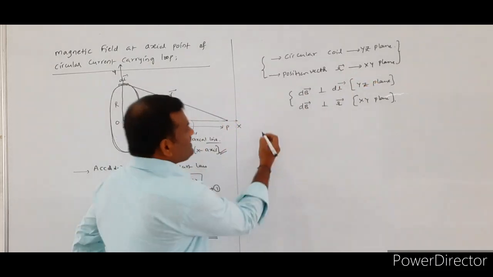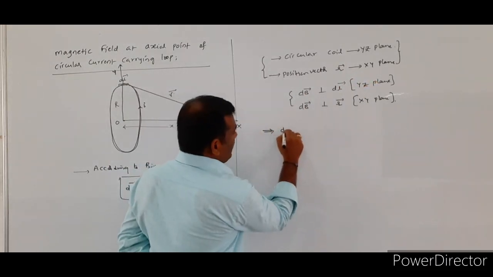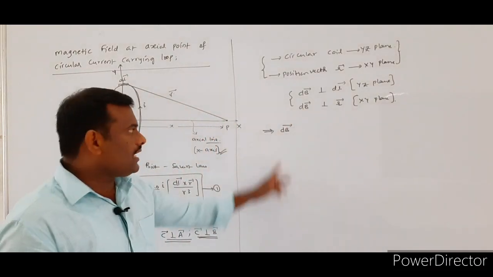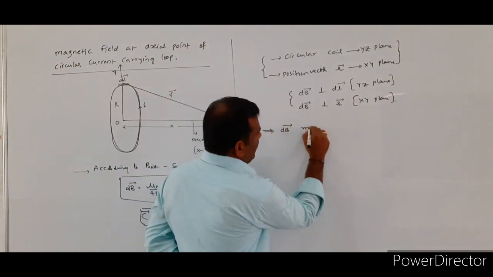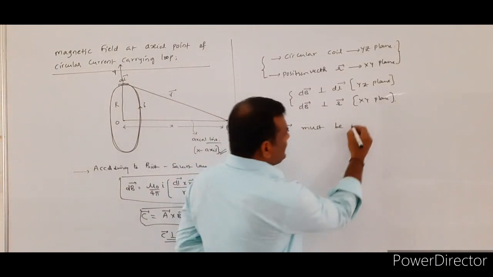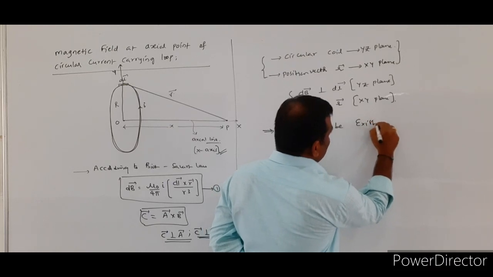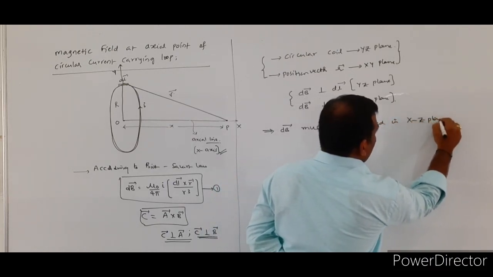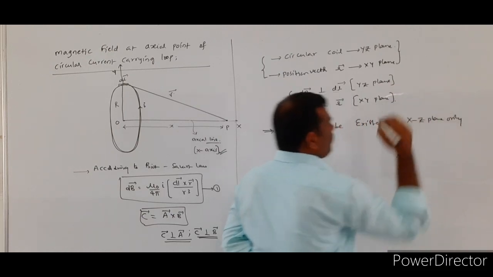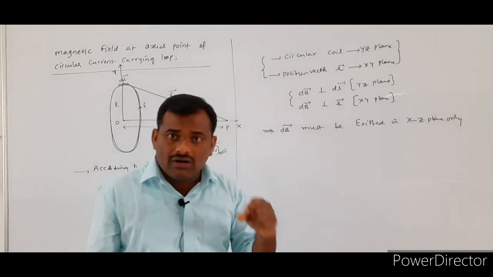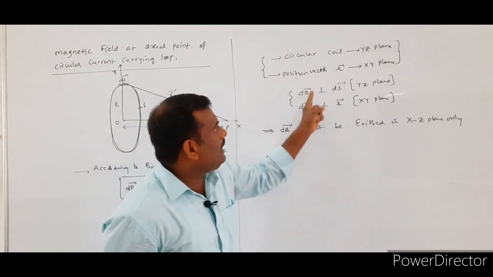From this we will say that the magnetic field vector dB bar must be existed in XZ plane only.